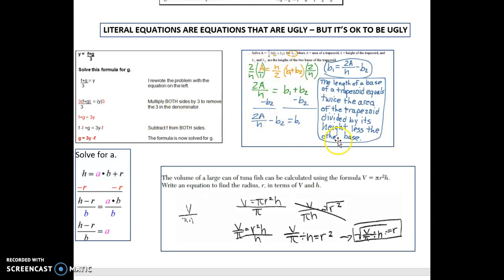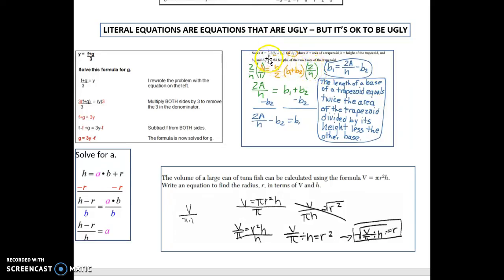The second example is the one that we did in our Regents. It's actually a little bit more challenging because we have this fraction out front. Please remember, in order to get rid of a fraction, you want to multiply by the reciprocal. Now, this person multiplied by 2 over h because that's the reciprocal.